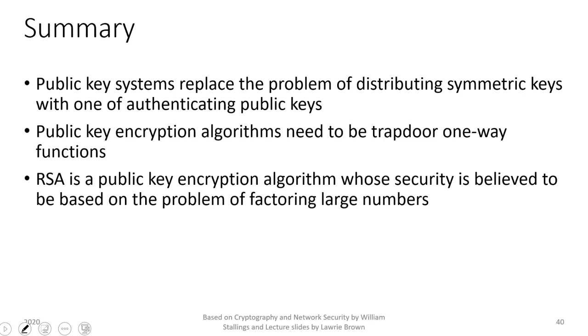Because with a public key system, we can establish a secure channel without having a secure channel. We can use a public key system as the basis for exchanging secret keys, and then we can do symmetric key cryptography if that is a more efficient way of computing.